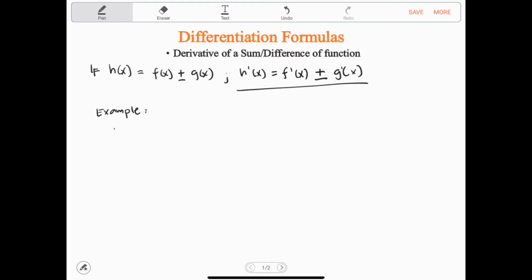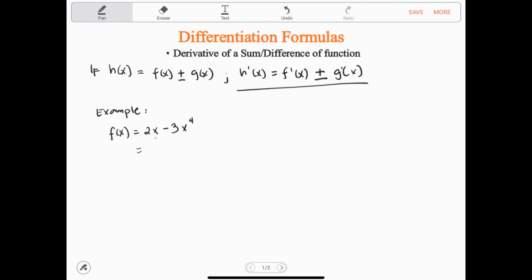Let's work on some examples. Let's say f of x is equal to 2x minus 3x to the power of 4. We have two terms here. Let's work one at a time.